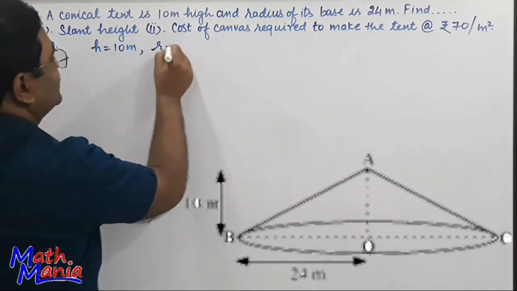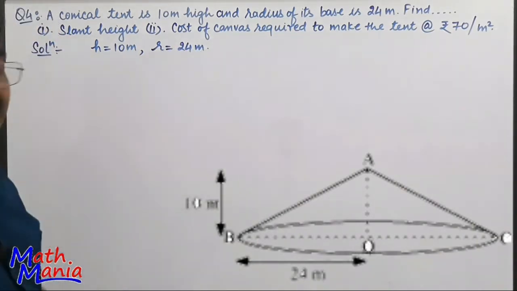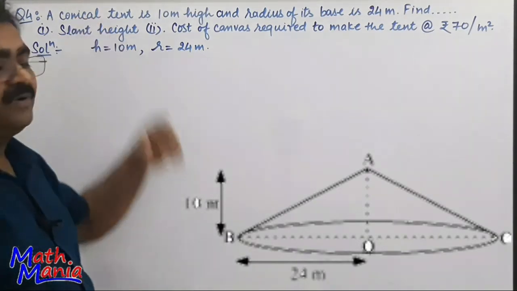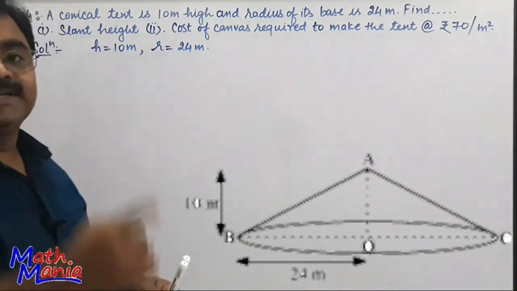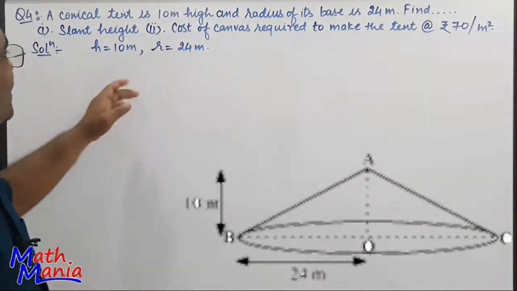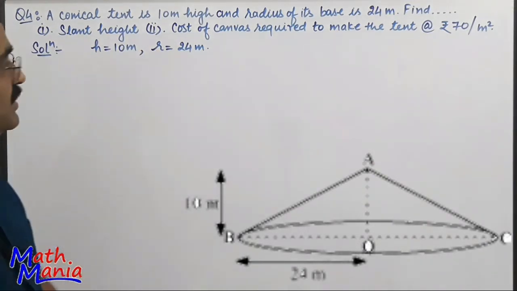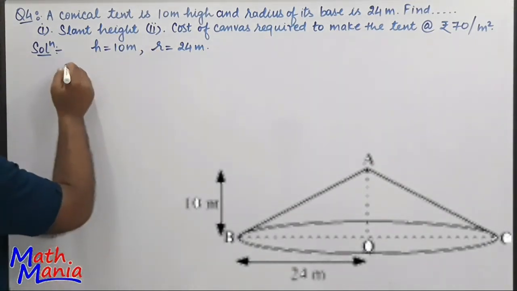So r is equals to 24 meter. As you know that tent is in the shape of cone, a conical tent. So these two information is given that we have to write. After that question is asking find its slant height. So first let's start to find its slant height.